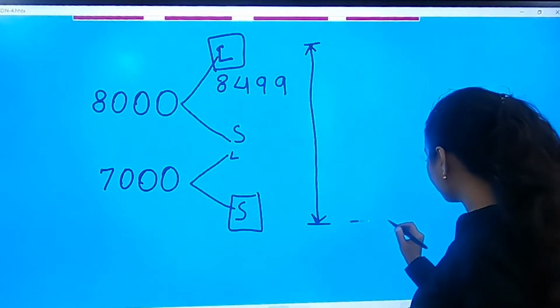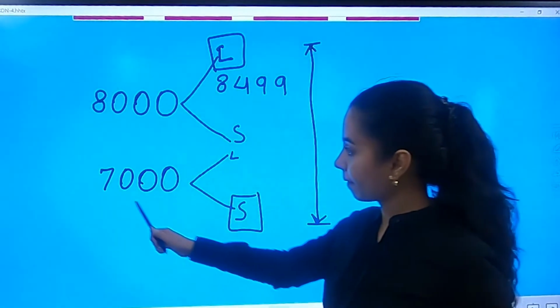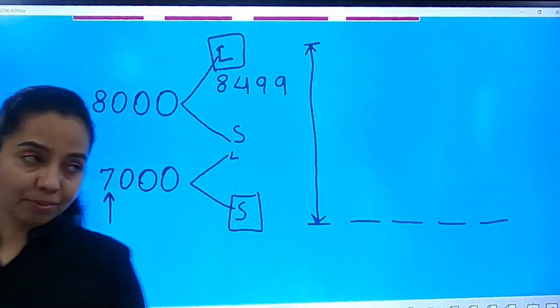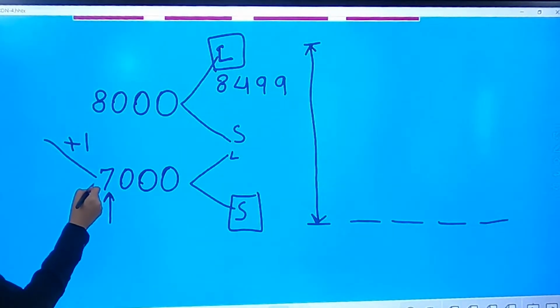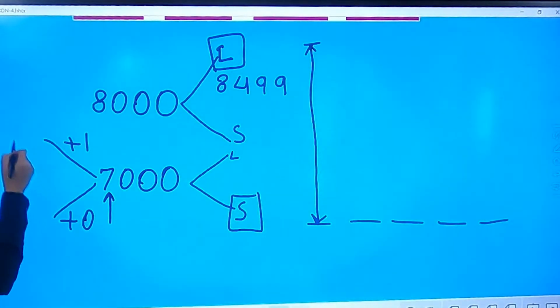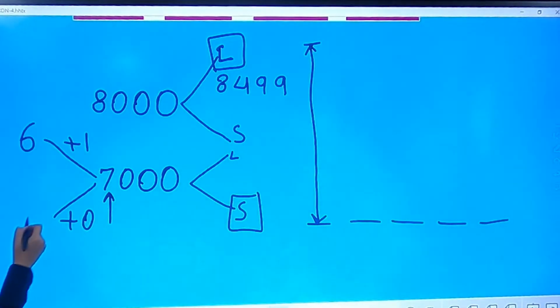Now we will find out the smallest possible number, which when rounded off to nearest thousands gives us 7,000. So again we will put dashes for 4 digits. This is our focus. The same principle, either 1 was added to it or nothing was added to it. If 1 was added to it, then the digit would have been 6. If nothing, then the digit would have been 7.